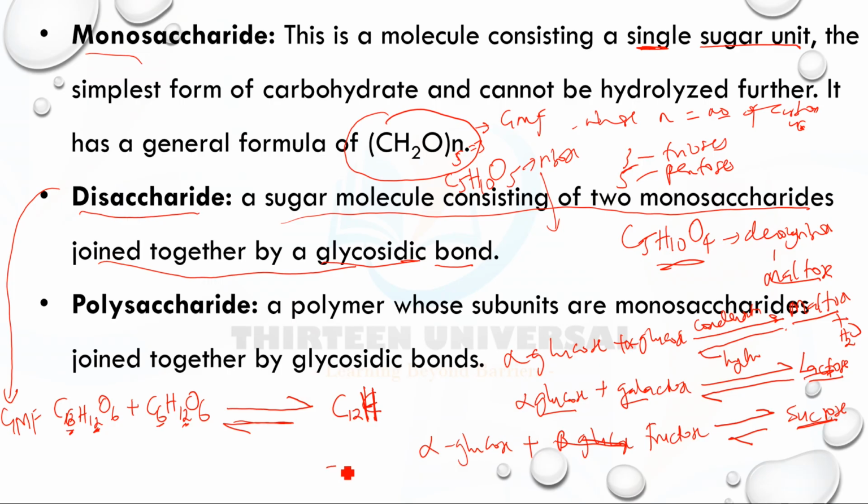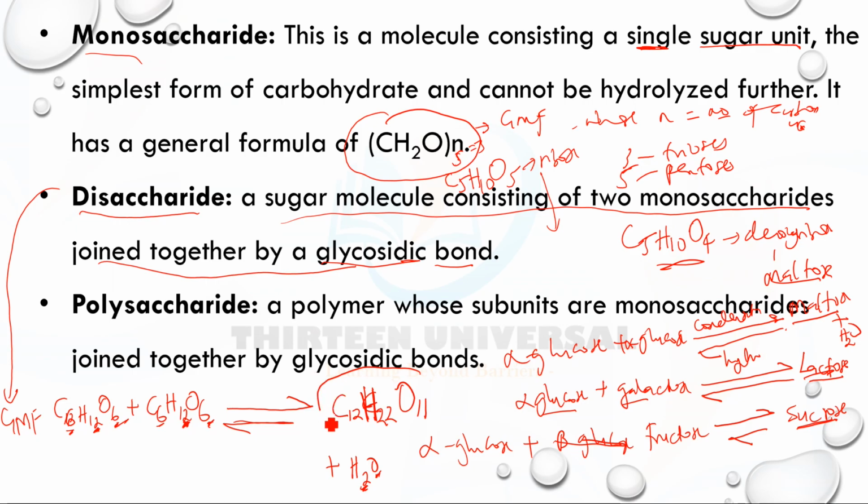Guys, remember that water is always formed, all right? So there are two hydrogen atoms in water. So minus, because if you add this plus this, that gives us 24, minus this 2, that gives us 22. So oxygen, 6 plus 6 is 12, minus 1 oxygen in water, that's 11.